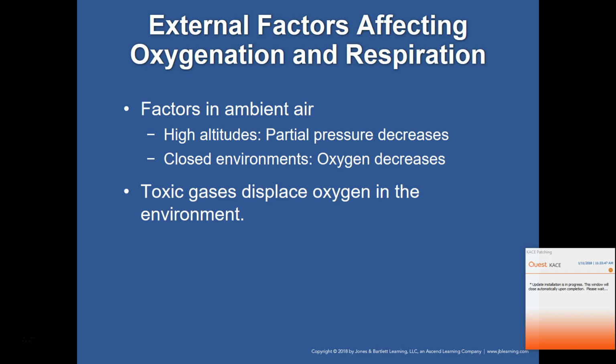Now, if we go up to the top of Pikes Peak, which I think is somewhere around 14,000 feet, that pressure is going to drop from 14.7 pounds per square inch to somewhere under 10 pounds per square inch.